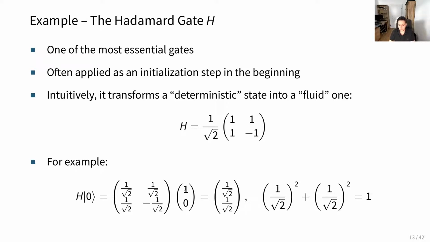So we had a probability of 1 that this was a 0. And now we basically have a probability of only a half that it's a 0 and a half that it's a 1. So this is what the Hadamard gate does. This is now applied only to a single qubit. Later we will apply this to the tensor product of qubits. But essentially the notation is the same, and also what happens is very, very similar.